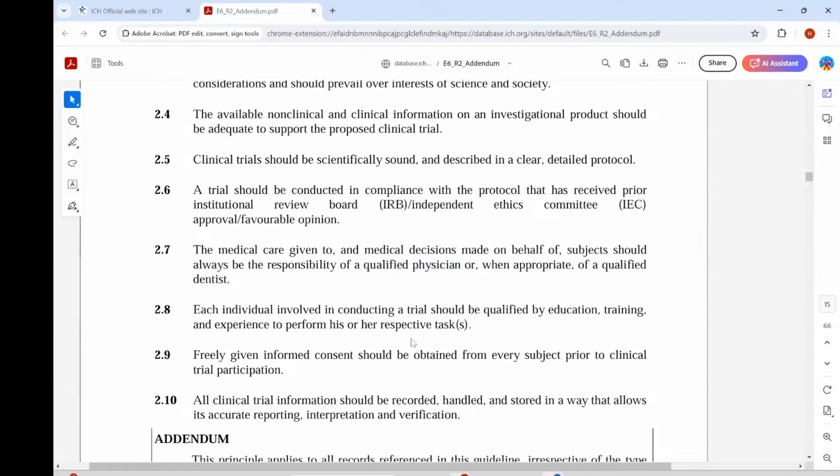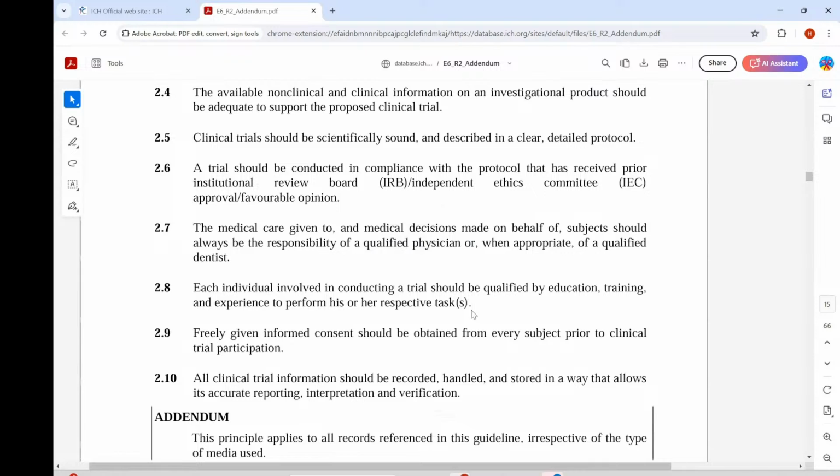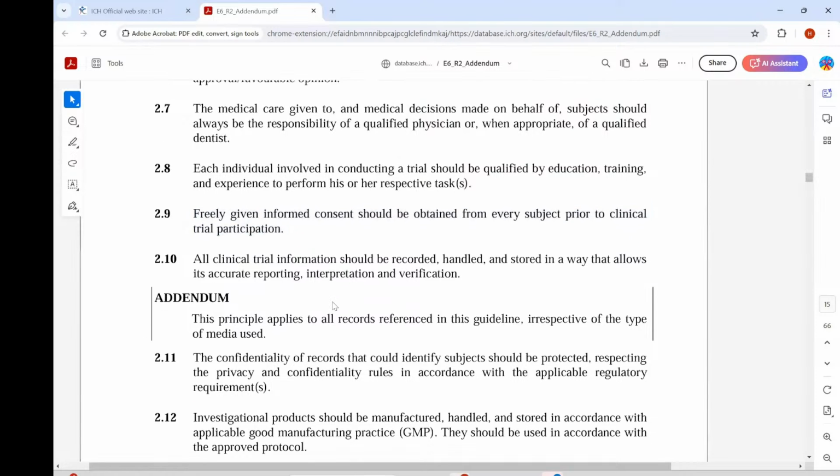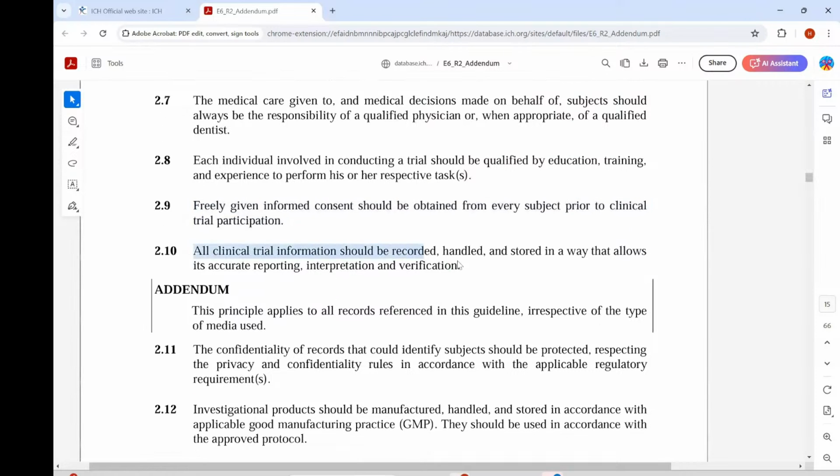And number 8 is saying that each individual, like you and me, involved in a clinical trial should be qualified with education and trained. And informed consent is freely given, a freely given informed consent to the clinical trial participation. And all clinical trial related information should be recorded and handled, so it should be maintained in a particular document.